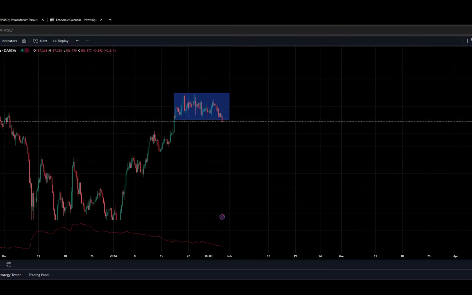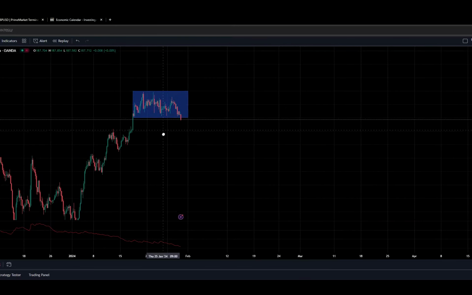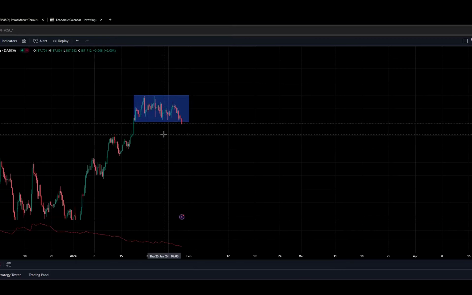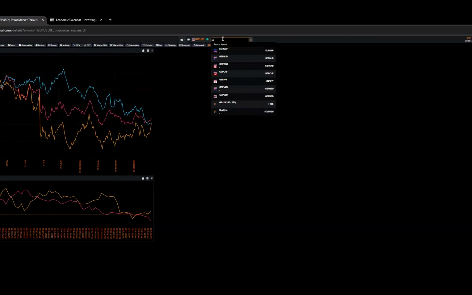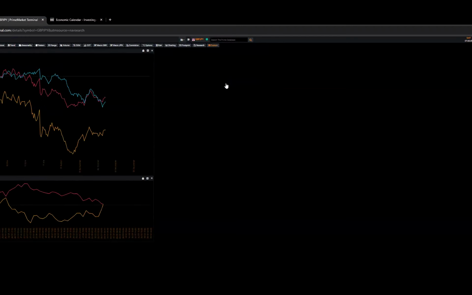Okay, 3,100. That's a big number, but I do believe that we may keep going down, because even though the yen is not that strong at the moment, we do have a very weak pound.